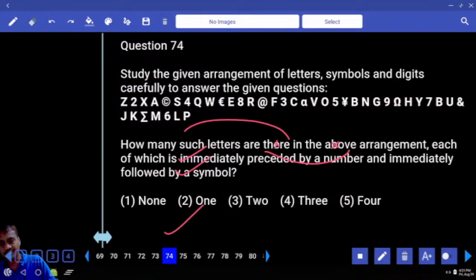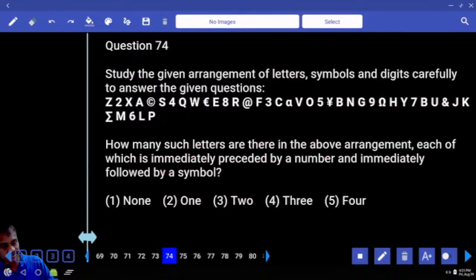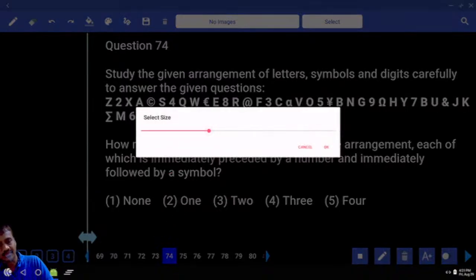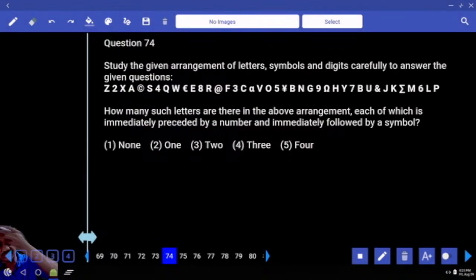The next one, 74 onwards. Now 74 onwards, it comes under sequence. Sequence of letters, symbols and numbers. How many such letters are there, each of which is preceded by a number and followed by a symbol? The sequence must be number, letter and a symbol. Number, letter and a symbol.